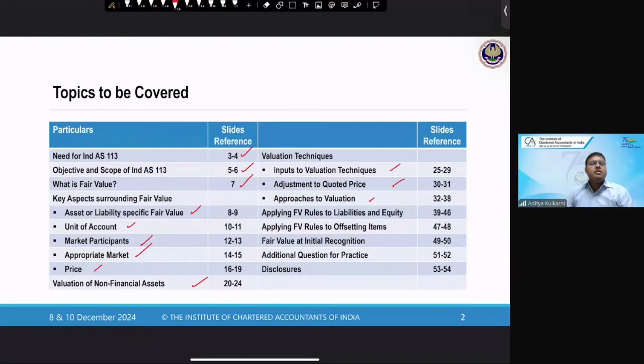Like for example, shares, you can directly take the market price. If it is a 24 karat gold, you can directly take the value from the market and that becomes your quoted price. Level 2 inputs, quoted price with certain adjustments. Like for example, if I have 18 karat gold, then I will make an adjustment with the 24 karat gold to determine that value.